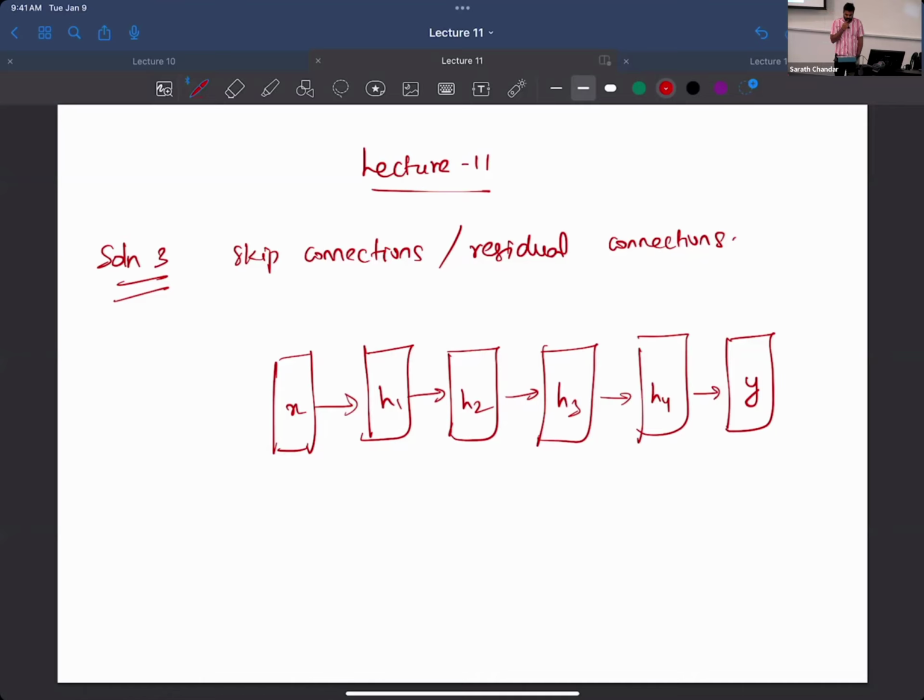Now, one way to reduce this vanishing gradient effect is to actually introduce some sort of skip connection between the layers so that the gradients can directly pass to the previous layer by skipping a connection. Okay, so for example, I could have a skip like this.